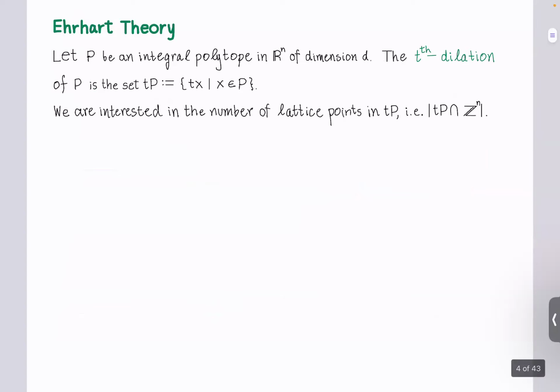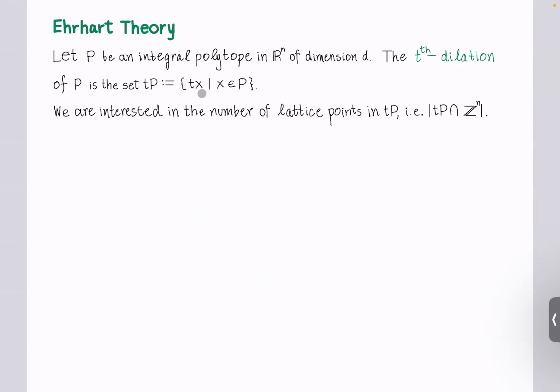Okay, so now let me tell you about Ehrhart theory. If you give me an integral polytope P in R^n of dimension d, I define the t-dilation of P to be the set tP, which is the set of scaling every point in P by t.